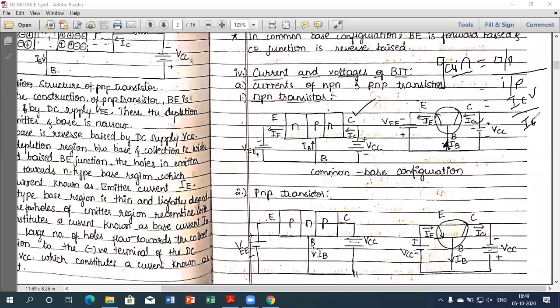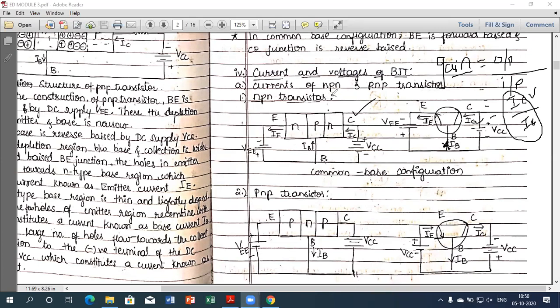In PNP also the formula of current gain will be IC by IE, but the polarity, which is positive in NPN, becomes negative in PNP. That is the only change. So I hope you guys are getting this one. The same thing will be done in the next explanation. So I hope this is clear for everyone now.